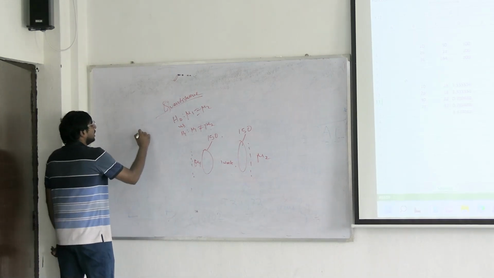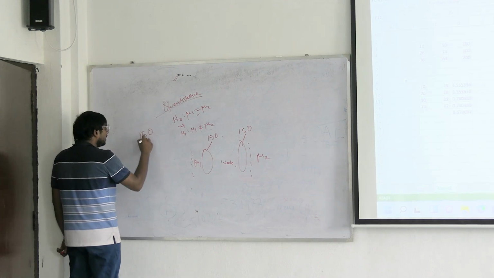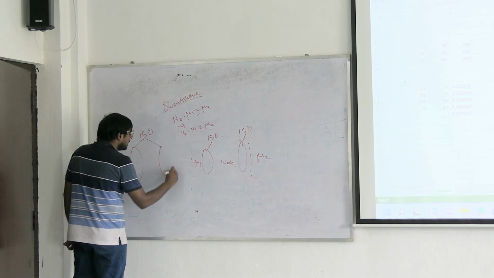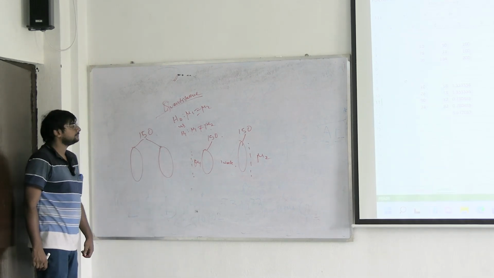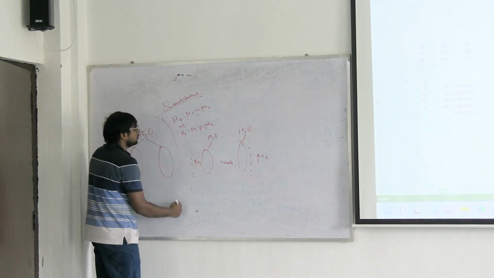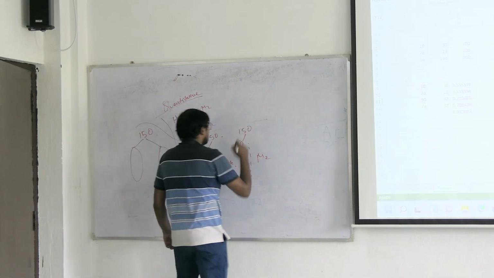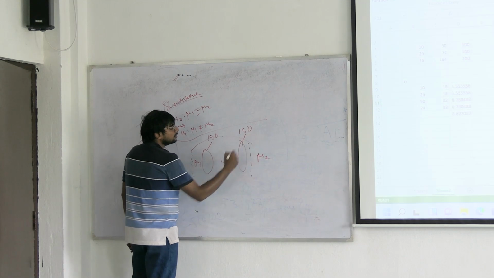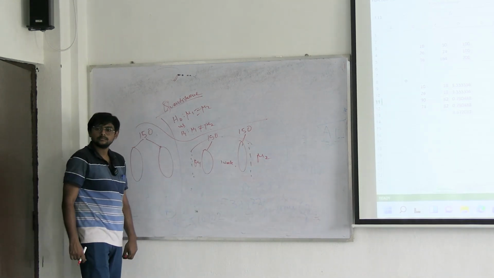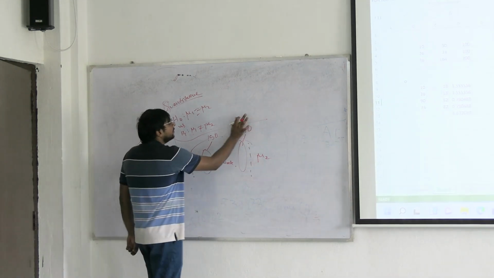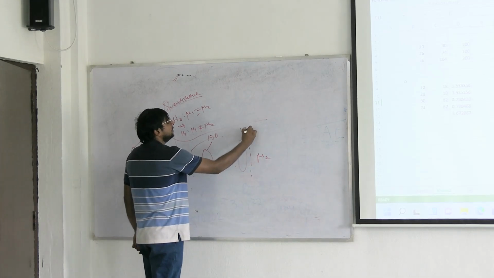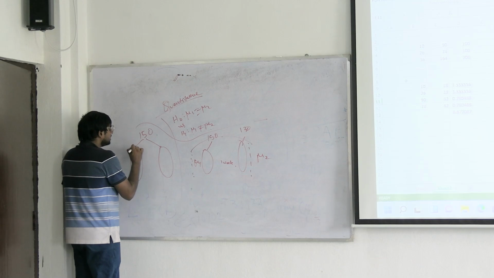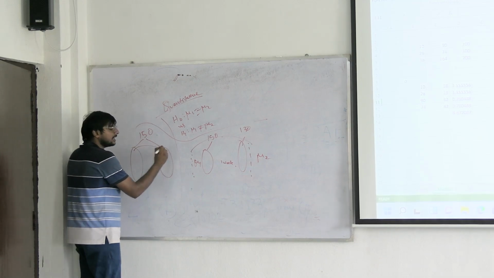Also, we can do another thing. We can have 150 people. First, we can take their weights, and after giving the medicine for 1 week, we can take their weights. But what is the difference between these two scenarios? Here, this weight has no correspondence to this weight. Correct? We might not even have 150 people out here, we can have 130 people out here. Possible. But here, the weight of the first guy will be correlated to the weight of the first guy after giving the medicine.